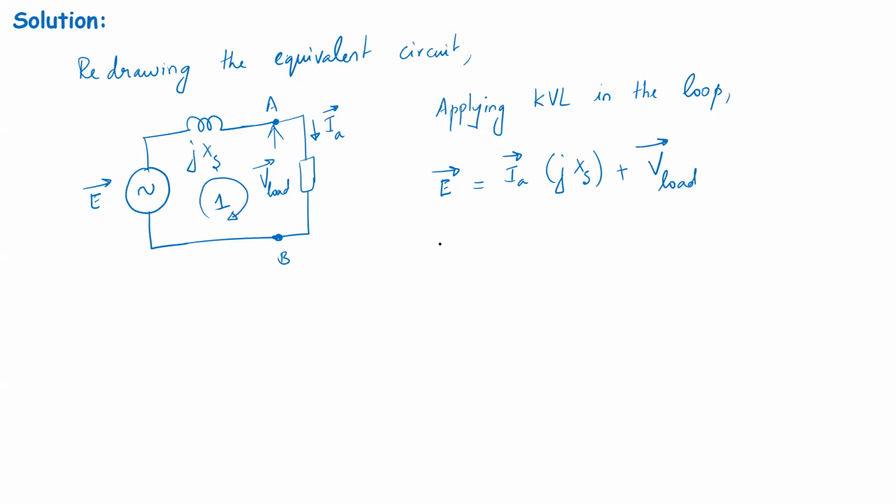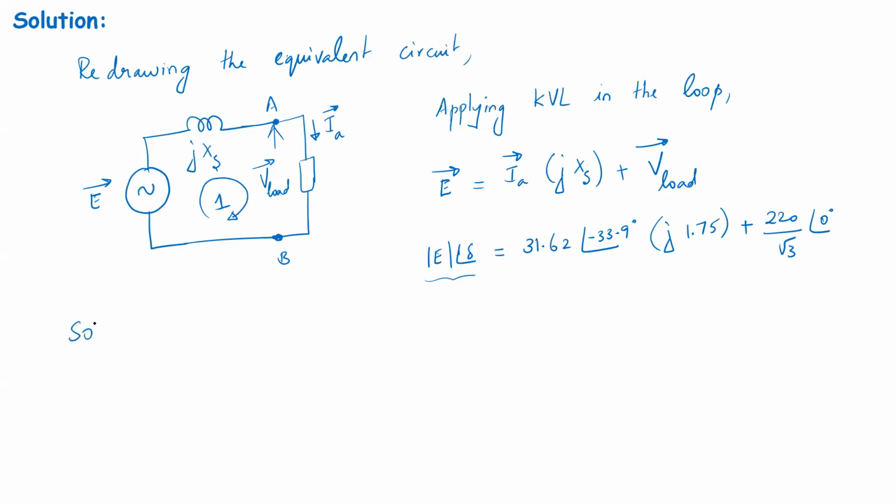Now E vector by definition is nothing but a magnitude E at an angle delta, and this is what we want to solve. IA vector, we found it to be 31.62 at an angle of negative 33.9 degrees. J times XS is specified in the problem as 1.75, plus V load is found to be 220 divided by root 3 at an angle of 0 degrees. I merely have to solve for this complex quantity E to get the excitation EMF and the power angle delta.